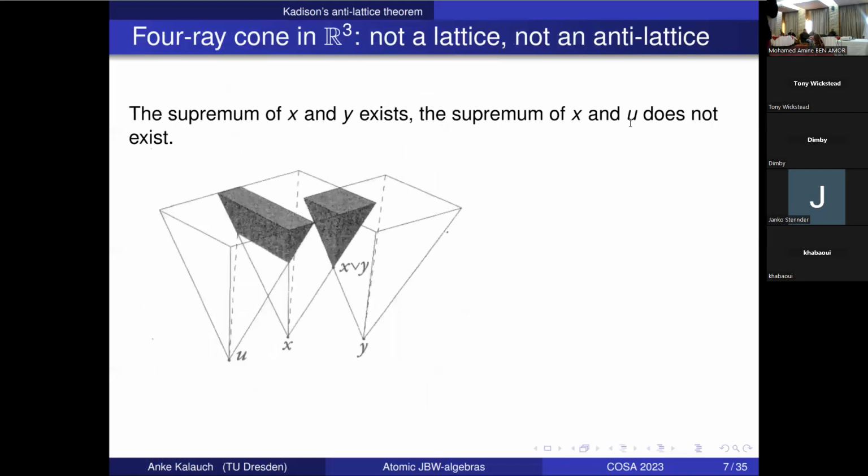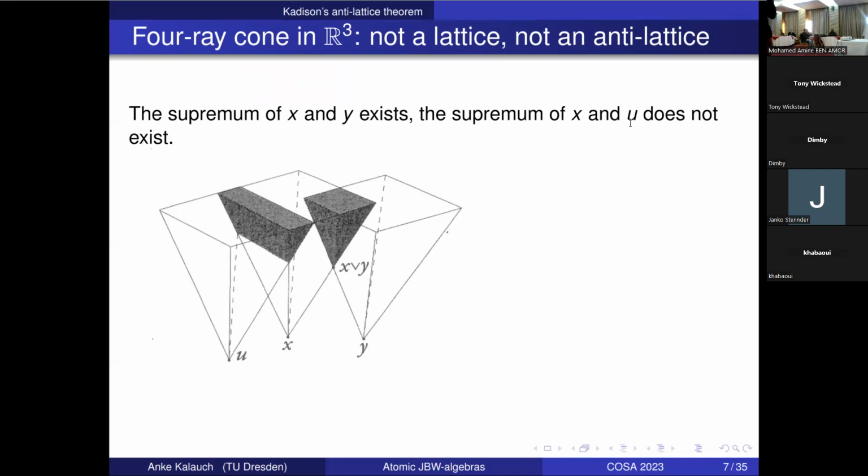And the four-ray cone, this is in the middle. It's not a lattice, not an anti-lattice, because you have elements that possess a supremum when they are on the diagonals. Because the intersection of the upper bounds is again the same shape of a cone, so you have a smallest element.